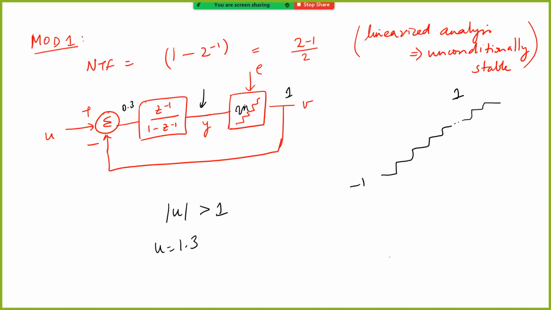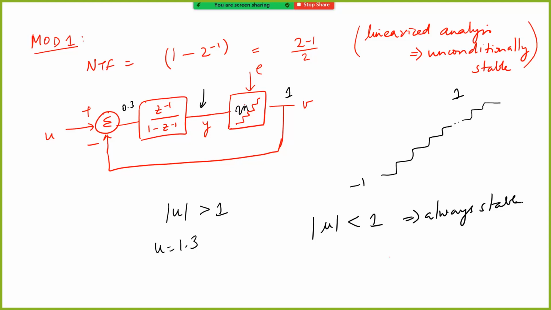If your input is beyond the range of your A to D converter and your D to A converter, you are going to have this kind of behavior. But for bounded inputs, so for modulus of U less than 1, it is always stable. So this is the deal with stability as far as the first order modulator is concerned.